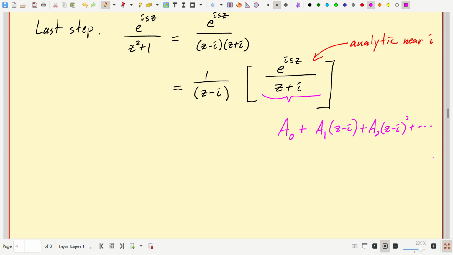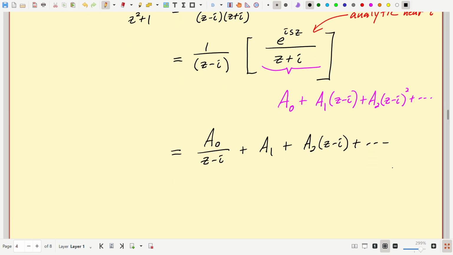And now when I distribute that 1 over z minus i through, I would get an A naught over z minus i, and then the regular power series, plus A1 plus A2 times z minus i, plus etc. So this is a convergent regular power series. And this thing in the front is the principal part.